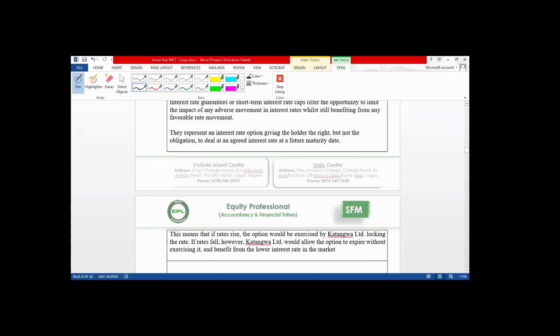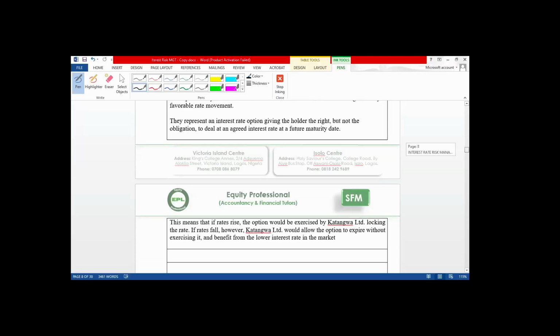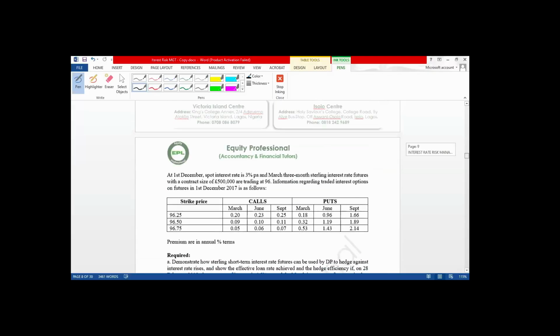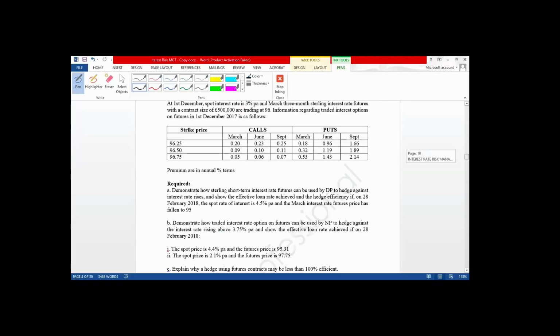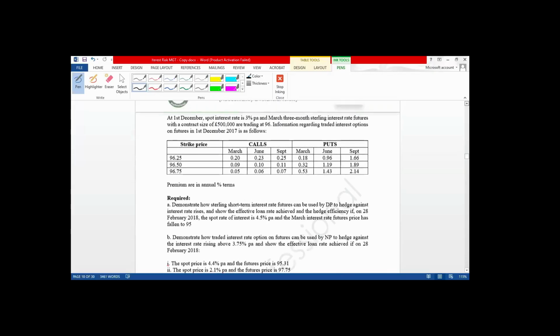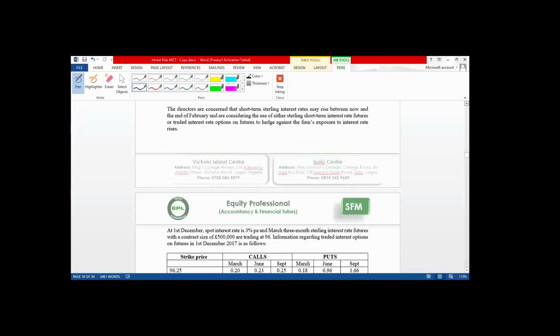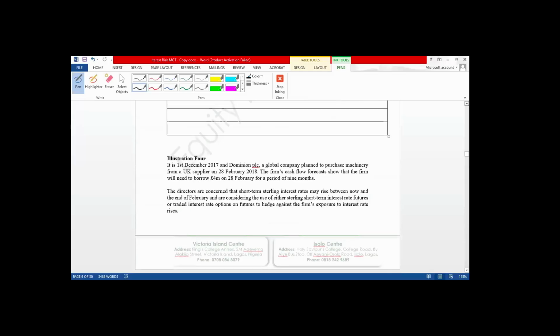All right. Illustration 2. Let us look at illustration 4.